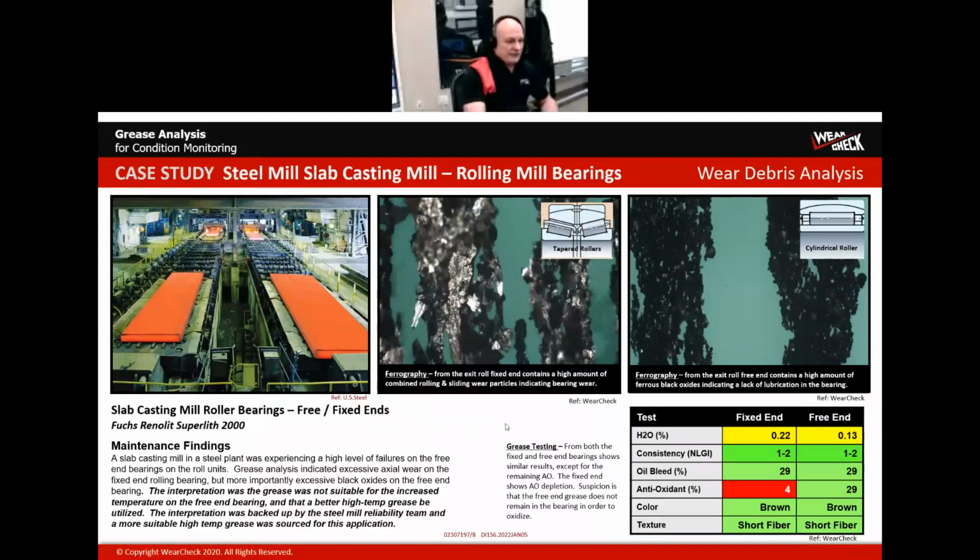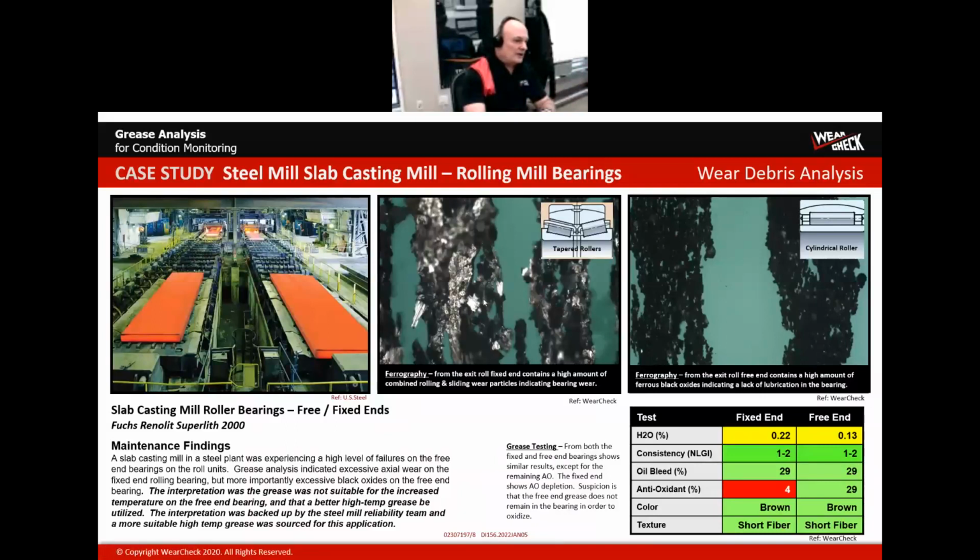The exit roll fixed end bearing was showing, as you can see, some very significant wear particles. So again, this is similar to that fan design. We've got a series of tapered rollers meant for handling not only radial but also axial load.